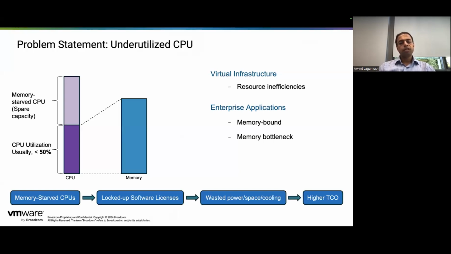So really, if you look at the problem, there is something called memory starved CPUs that our customers are facing. And the effect of that is they're not really utilizing their infrastructure well. They end up with locked up software licenses, which they have to pay a lot for. Plus, they also have a lot of wasted power, space, and cooling that they would ideally want to use. And all this results in a higher TCO for the customers.